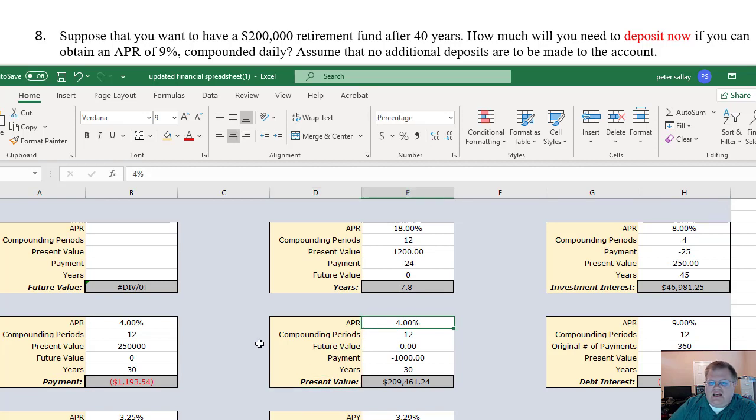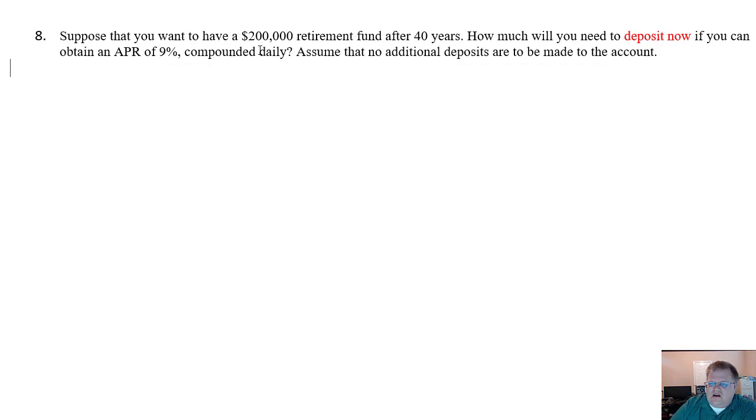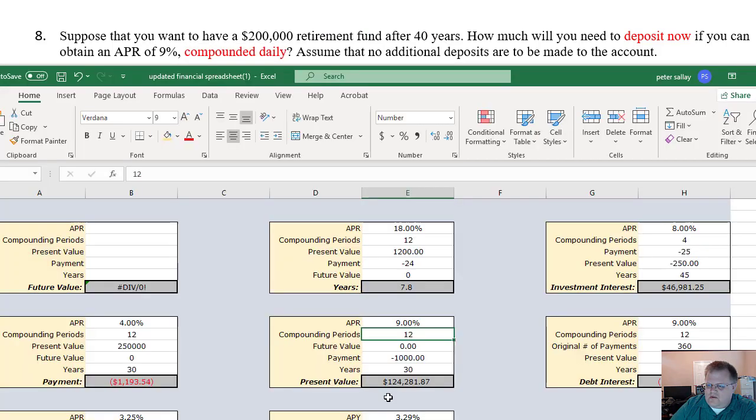Okay, so I need an APR, which is 9%. Compounding, let's see, does it give us one of our vocab words? It does. It says compounded daily. So when it says compounded daily, how many times a year is that? There are 365 days in a year.